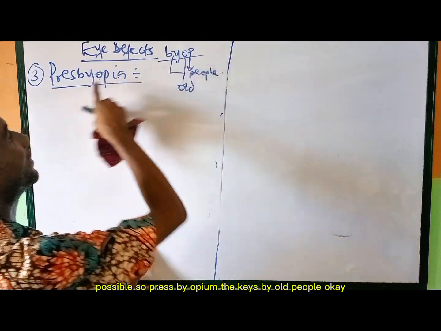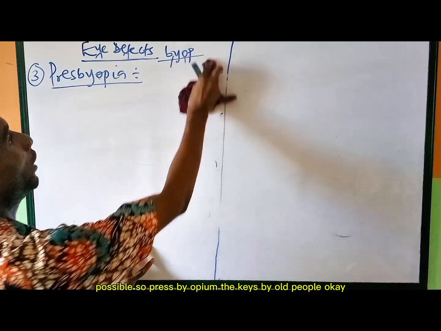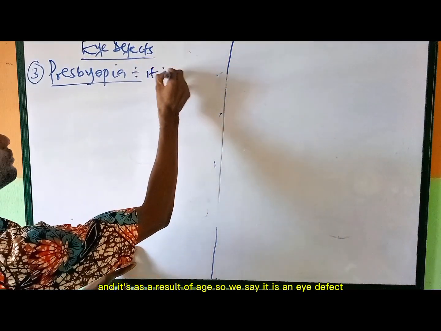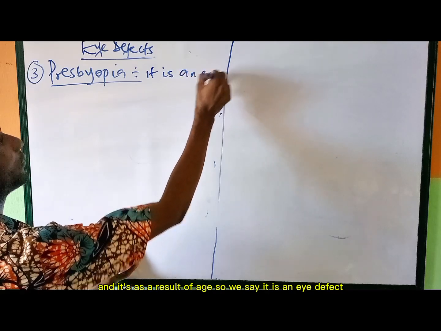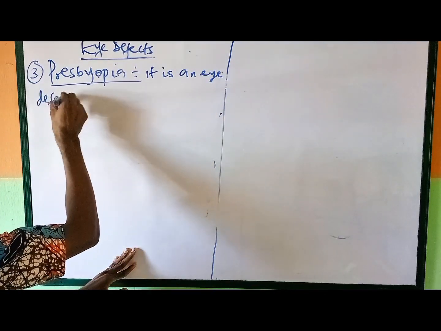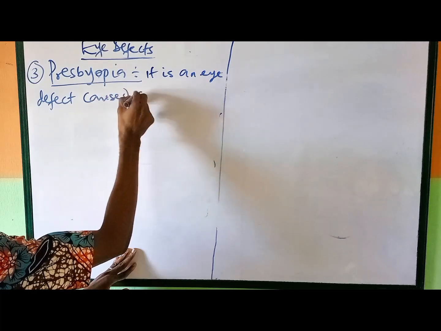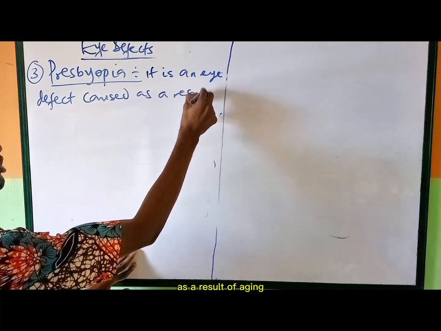So presbyopia, the key is by old people, and it is a result of age. So we say it is an eye defect caused as a result of aging.